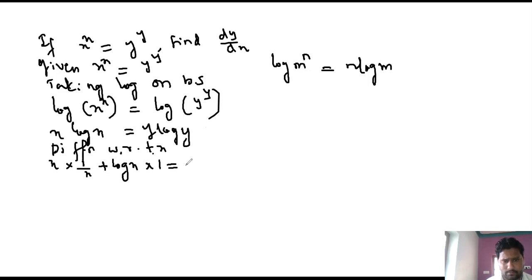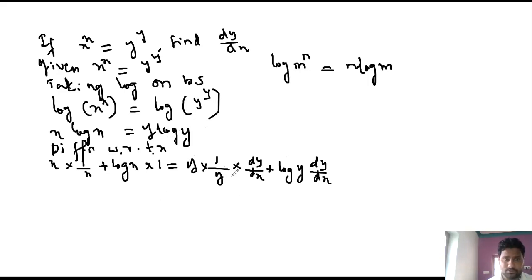Here what is the first variable? y, keep as it is, into derivative of log y, which is 1 by y into dy by dx, plus second variable log y into derivative of y, which is dy by dx.